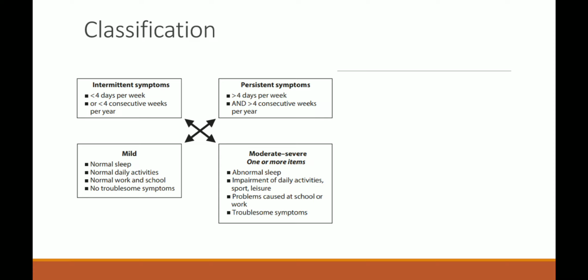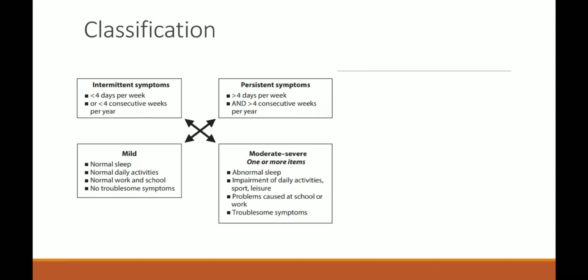So, when the symptoms are present only less than 4 days per week or less than 4 consecutive weeks per year, then it is intermittent. But if it is present more than 4 days per week or more than 4 consecutive weeks per year, then it is persistent. It is again divided as mild or moderate to severe.